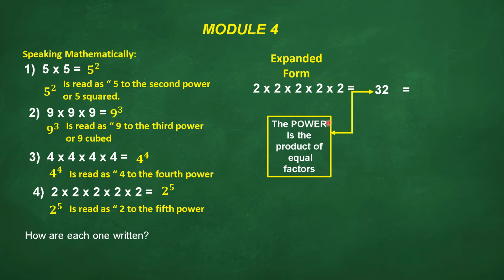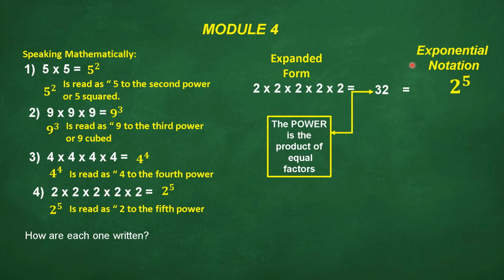But then, since this is in the expanded form, we can write it in an abbreviated form or in the shortcut form. So, we can write this as the 32 or the 2 times 2 times 2 times 2 times 2, or the 32 can be written also as 2 to the fifth power. So this is now what we call the exponential notation.